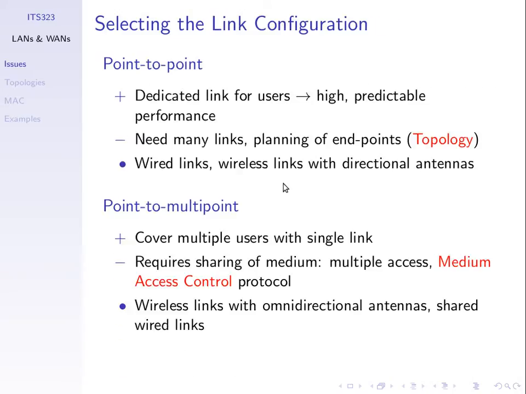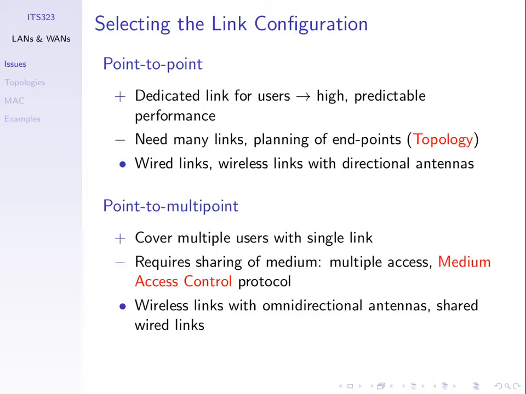What else? Link configuration. Remember, point-to-point is then we have one link, and at the two endpoints we have two devices, and they use that link just for themselves. No one else uses that link.